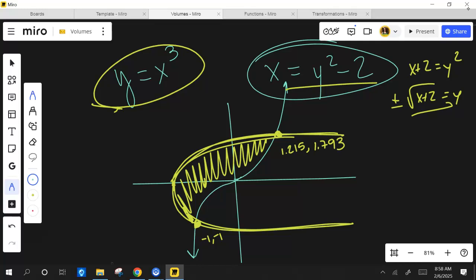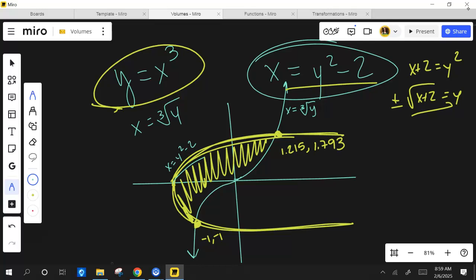These are two different ones. If I just do square root, I have to do two different ones because of the one on the bottom. So x is the cubed root of y. That's what this graph is. This graph is x equals y squared minus 2.